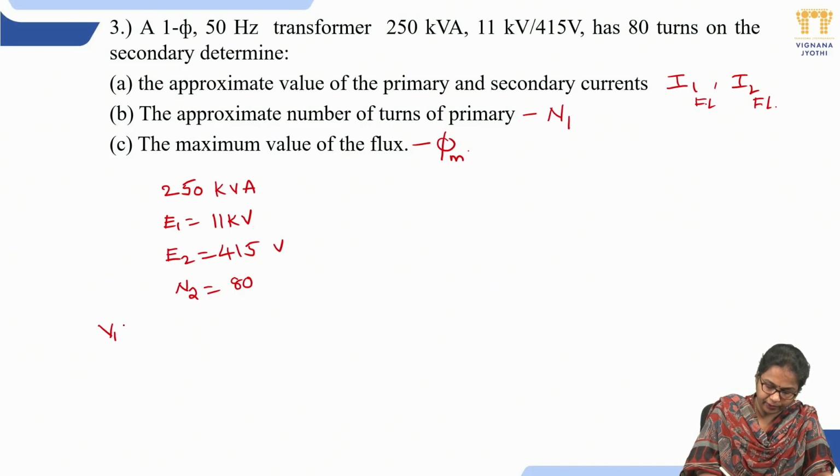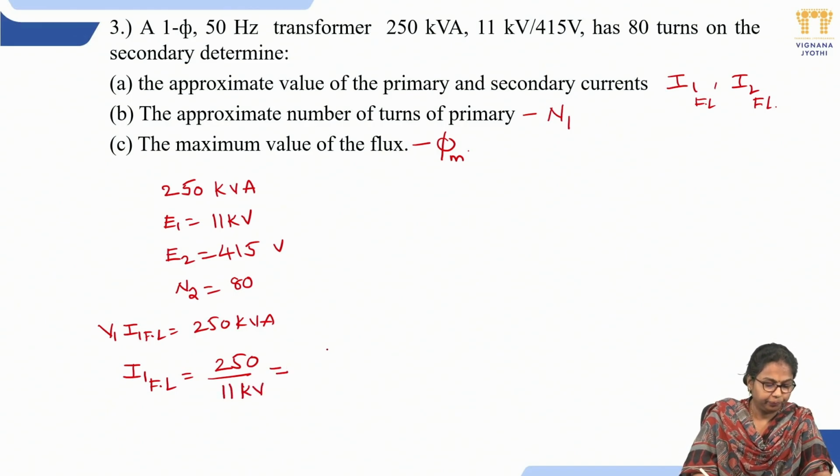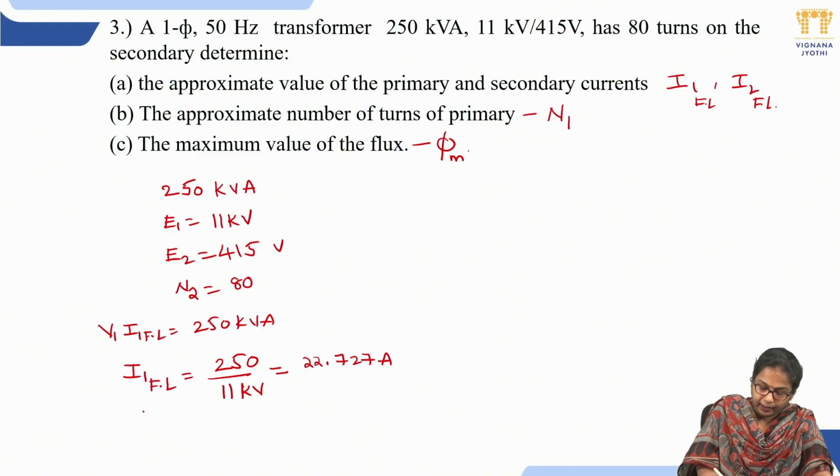So we can use V1 I1 full load is equal to 250 kVA. I1 full load is equal to 250 divided by 11 kV, which will be getting around 22.727 amps.